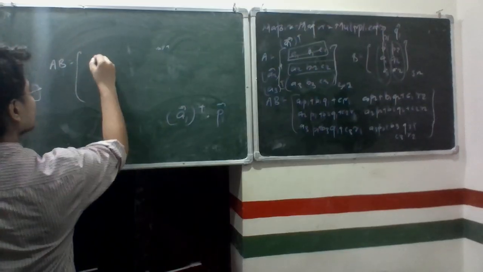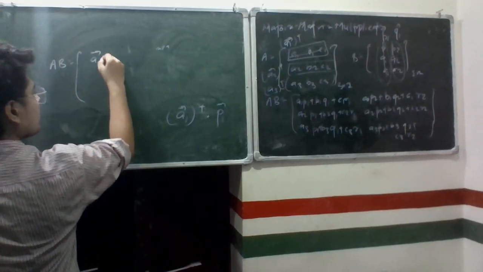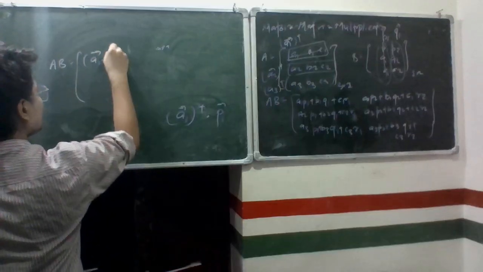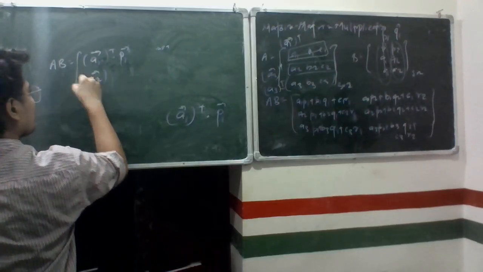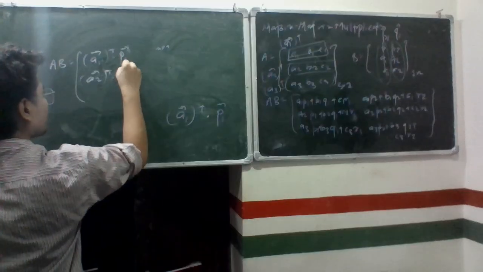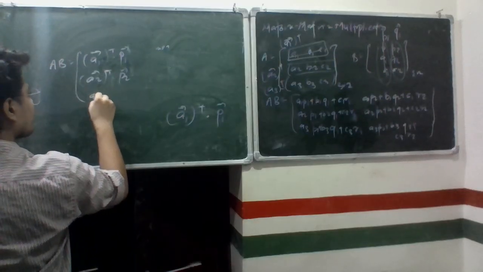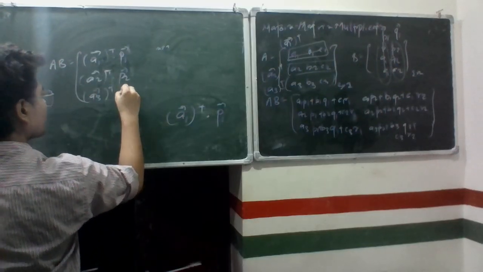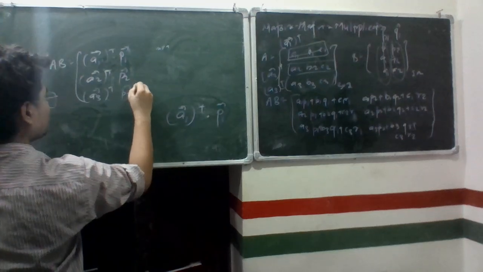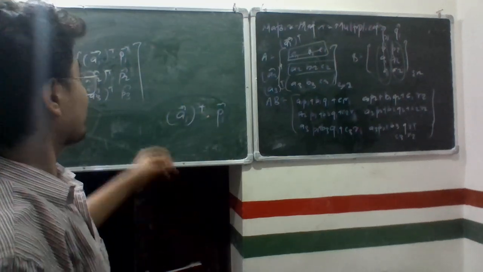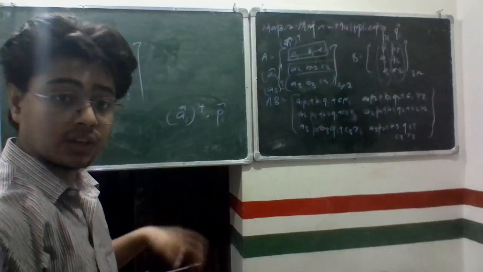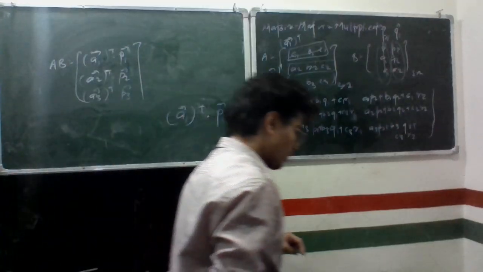So this becomes A1 transpose times the P1 vector, A2 transpose times the P2 vector, and A3 transpose times the P3 vector. We can write the matrix in this condensed form too.